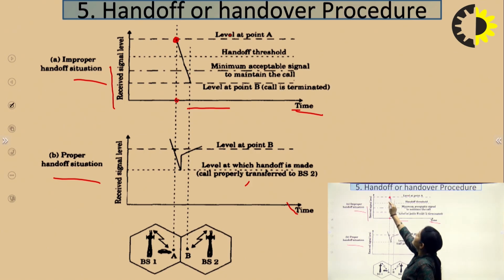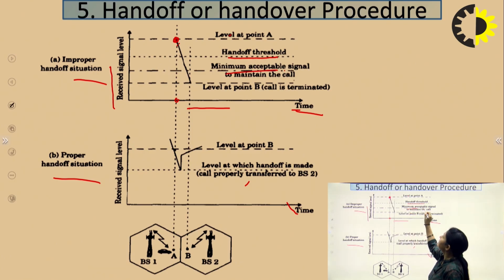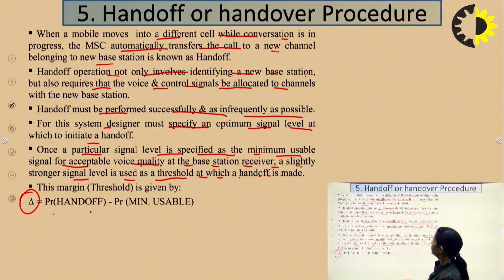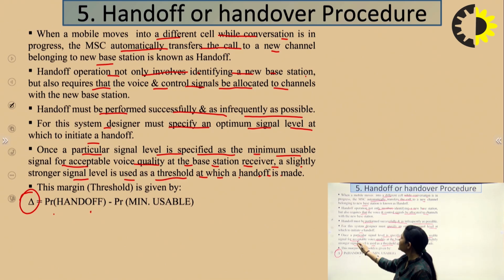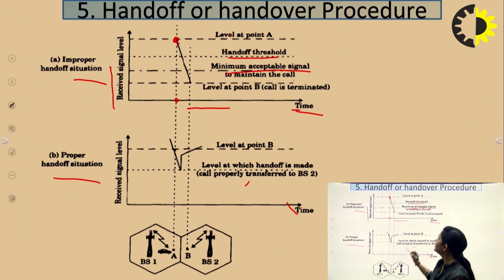Now the user is moving. We have another level, the handoff threshold level, and this is the minimum acceptable to maintain the call. So we have two signals that we have to compare, the threshold and the minimum.